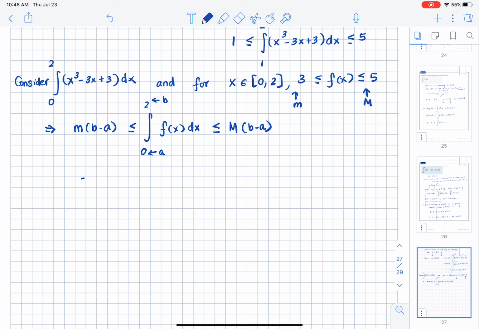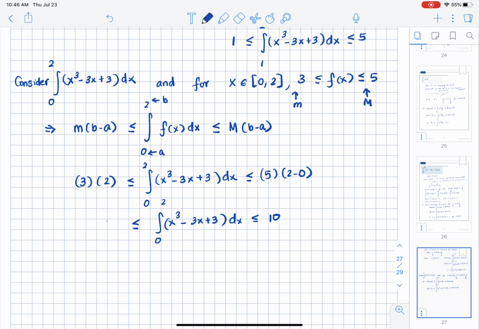So we have 3 times 2 minus 0, which is 6, less than or equal to the integral from 0 to 2 of x cubed minus 3x plus 3 dx less than or equal to 5 times 2 minus 0, which is 10. So between 6 and 10.